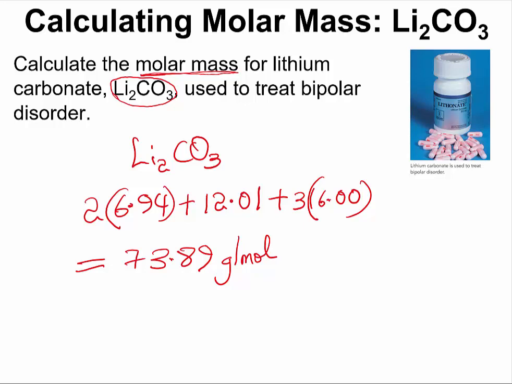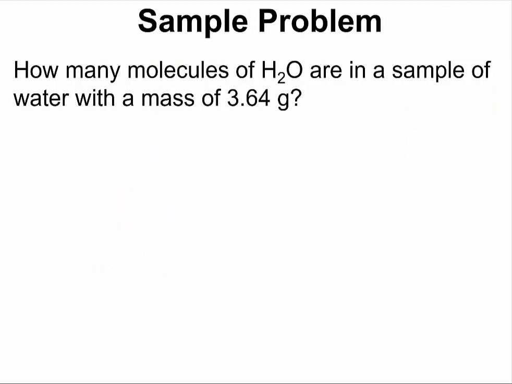Let us now take a look at another question. This time we want to use multiple conversion factors. How many molecules of H2O are in a sample of water with a mass of 3.64 grams?